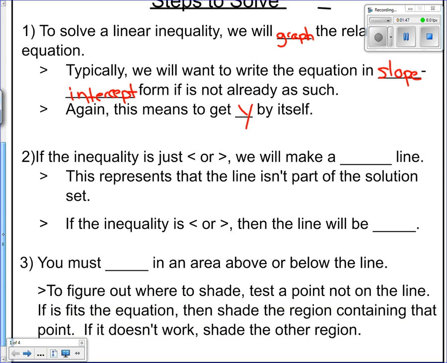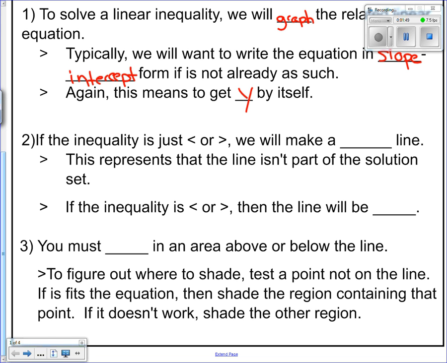If the inequality is just less or greater, we will make a dashed line. So the line, instead of being solid, it'll look something like that. We do that to represent that the line isn't part of the solution set. If the inequality is less than or equal to, or greater than or equal to, then the line will be solid.